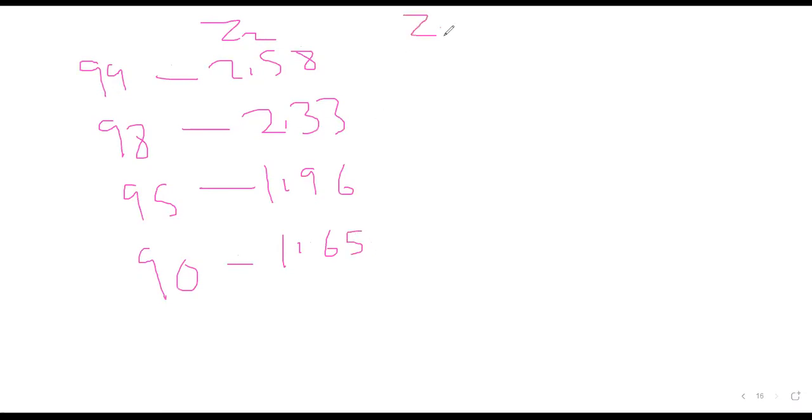If we're dealing with a single-tailed, what is our Z for 99? 2.33. 98, 2.05. 95, 1.645, 1.65.